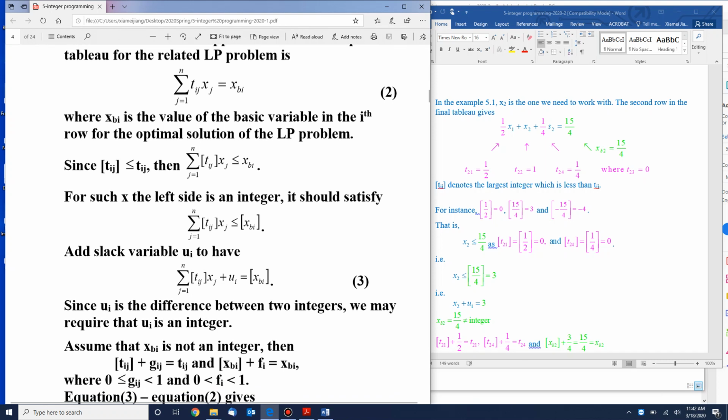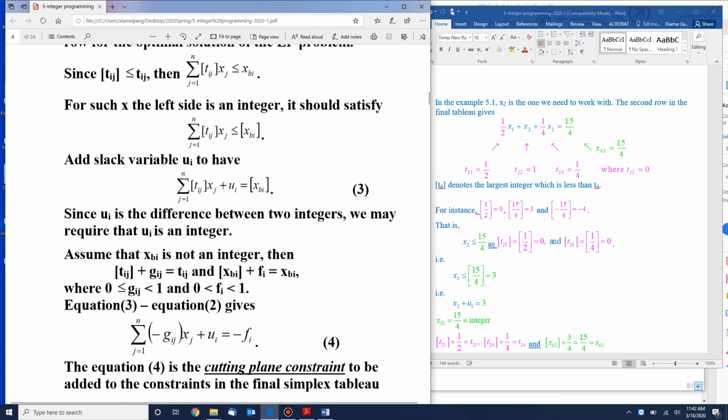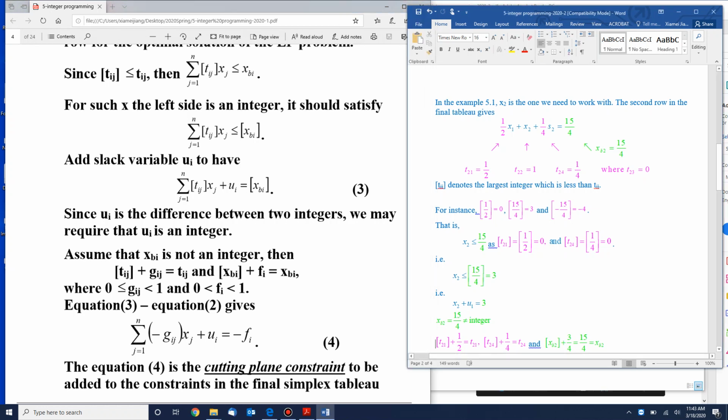So let's look at this. The largest integer less than tij. In this way, we work on each of them. For t21, the largest integer of t21 is 0, so 0 plus half is half.